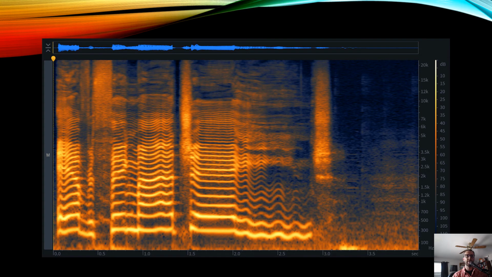Some are more intense, some are less intense, and as they go up higher and higher in frequency, the intensity definitely trails off. So this is a really, really great view to look at if you want to see what frequency components are being used in any given sound, and in some programs you can actually edit those as well.